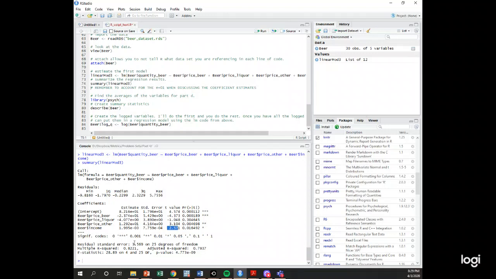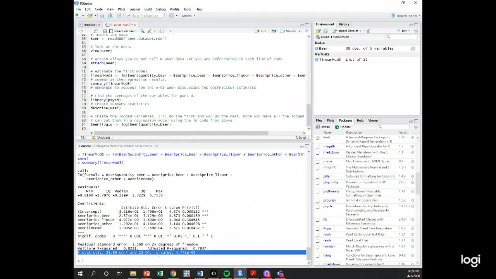So we also have our residual standard error, basically the standard error of regression, the multiple r squared and the adjusted r squared. You can see the adjusted r squared here is lower than the multiple r squared, as we talked about in the adjusted r squared video. It always has to be less than or equal to the multiple r squared. And then we also have the F-statistic.